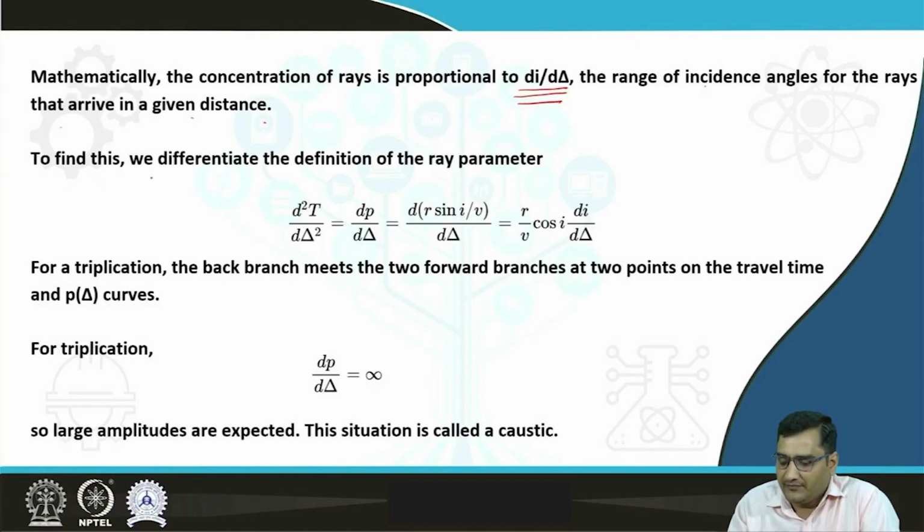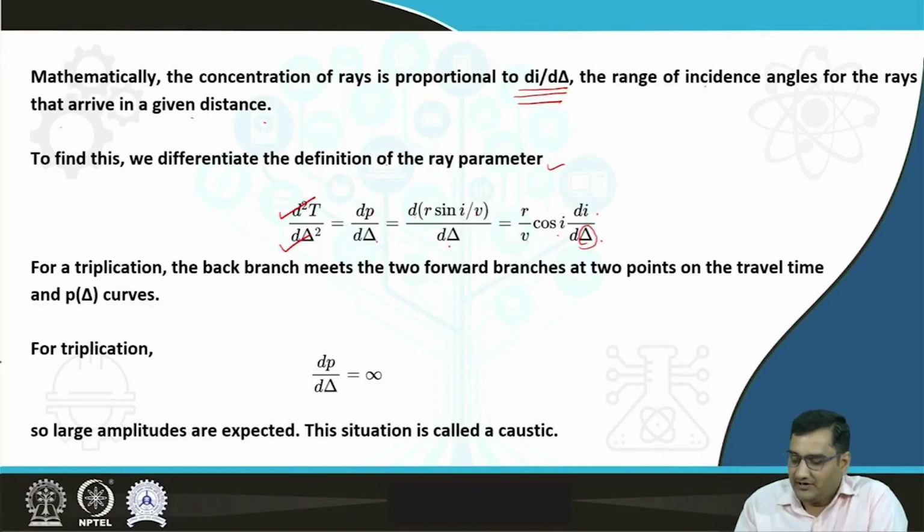To find this, for the case of triplication, we differentiate the definition of ray parameter, that is p is equal to r sin i by v. If we differentiate the ray parameter with respect to distance, dp by d delta, that will be equal to d square t by d delta square, then that will be d of r sin i by v by d delta. Differentiating with respect to the distance, you will get r by v cos i di by d delta.